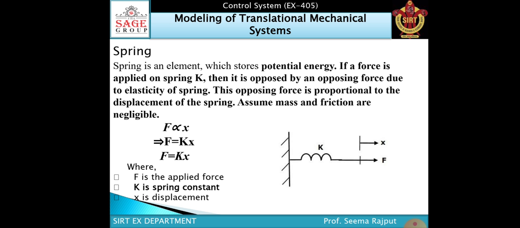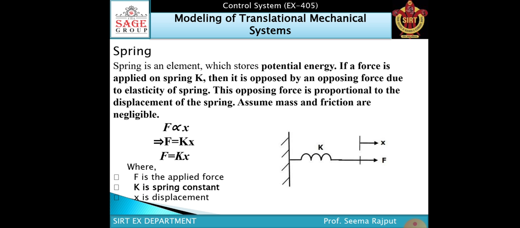Okay, now second thing is spring. A spring is an element which stores potential energy. If a force is applied on spring K, then it is opposed by an opposing force due to elasticity of a spring.